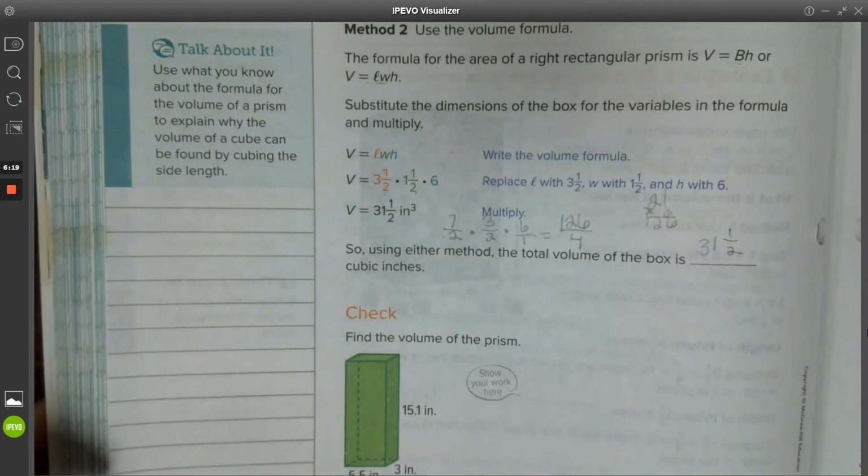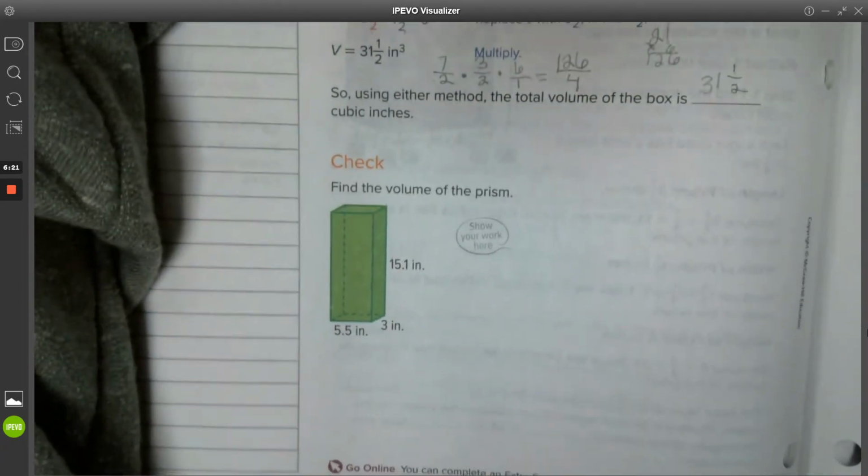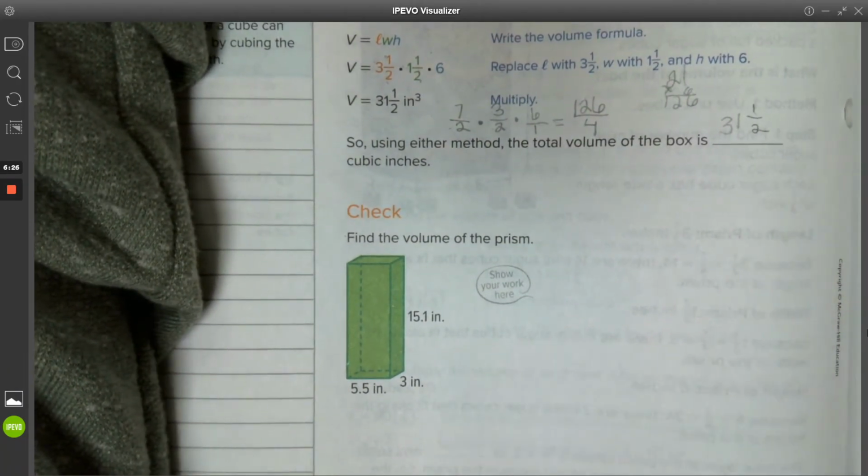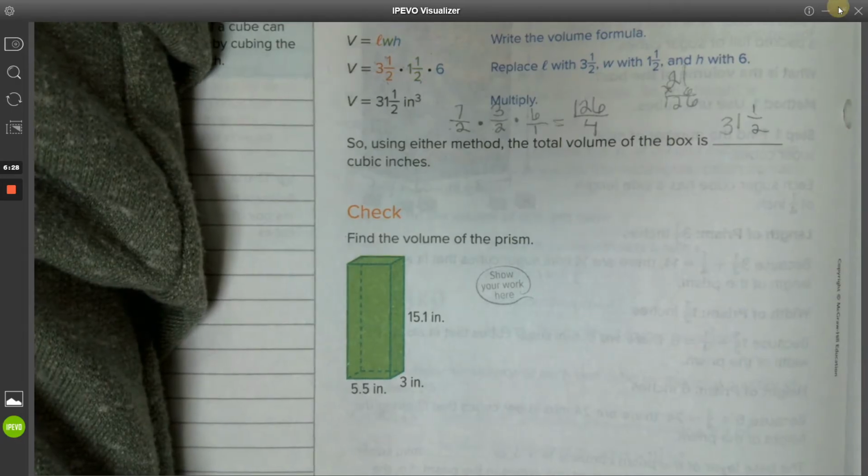Now, you can use a calculator on this as well. Find the volume of this prism here. So you're going to go ahead and pause, and then you're going to solve for the volume here.